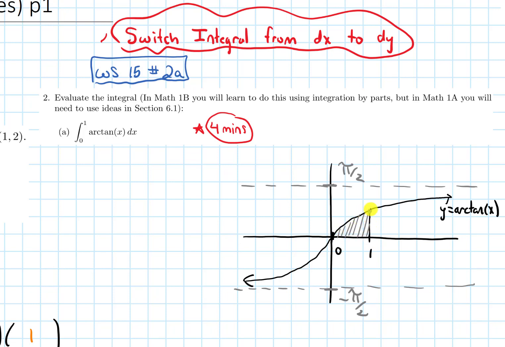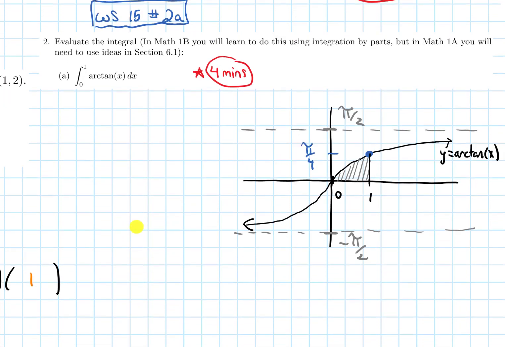If you were to take 1 and plug it into arctan, arctan of 1, if you work it out, is pi over 4. So my idea here is, because I can't do this antiderivative directly, to find this area, what if we used a dy integral? What if we thought about this in terms of the right function and the left function?